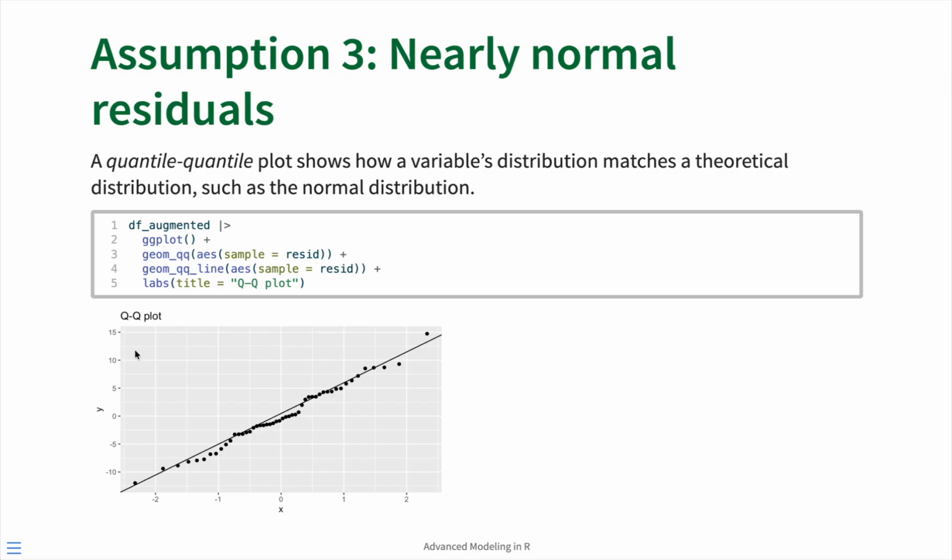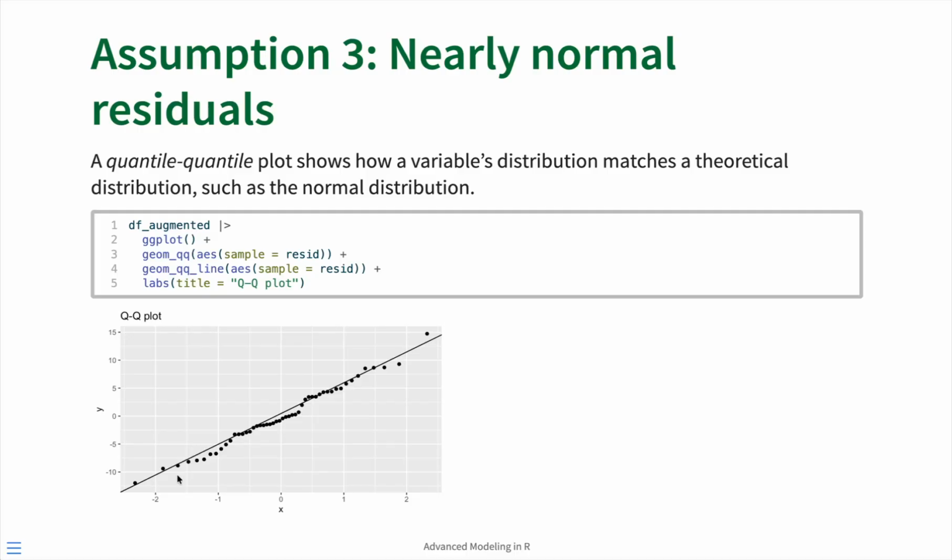And in this case, the aesthetic mapping is from the residual column to an argument called sample. And what these functions do is they plot the actual residuals versus the theoretical distribution of the residuals if they were to be in a normal distribution.